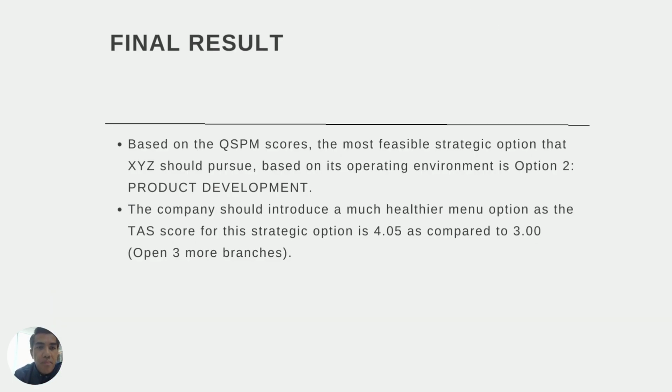Based on the QSPM score, the most feasible strategic option that company XYZ should pursue is option 2, product development. The company should introduce a much healthier menu option, as the TAS score for this strategic option is 4.05, as compared to 3.00 for strategy 1, which is opening up 3 more branches.